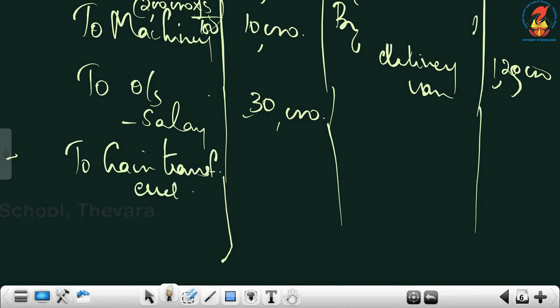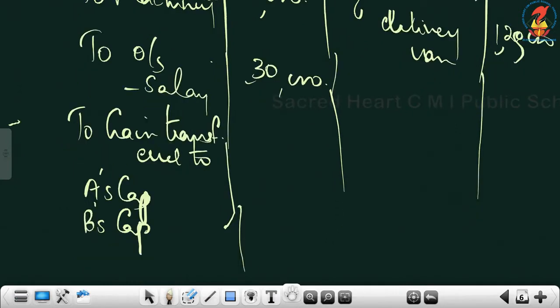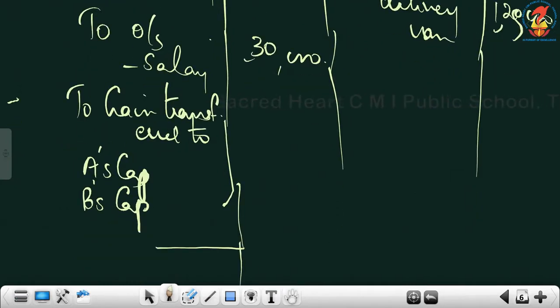transferred to, you have to distribute it among old partners in their old ratio, and here old partners are A and B, their old ratio is 3:2. So you write in the inner column A is capital, B is capital, that is 1,55,000, which we will divide in 3:2 ratio, that is the old ratio.